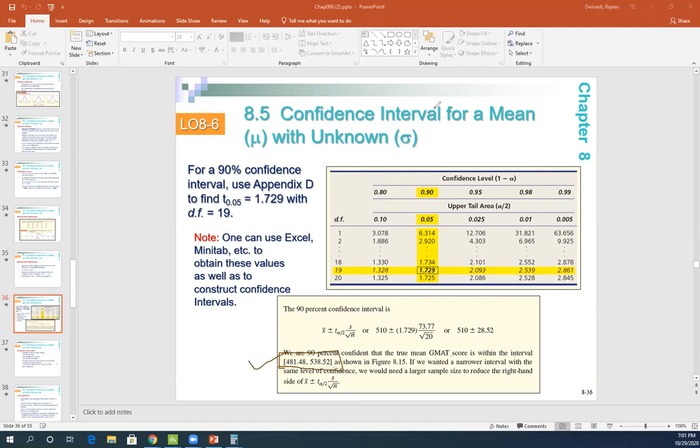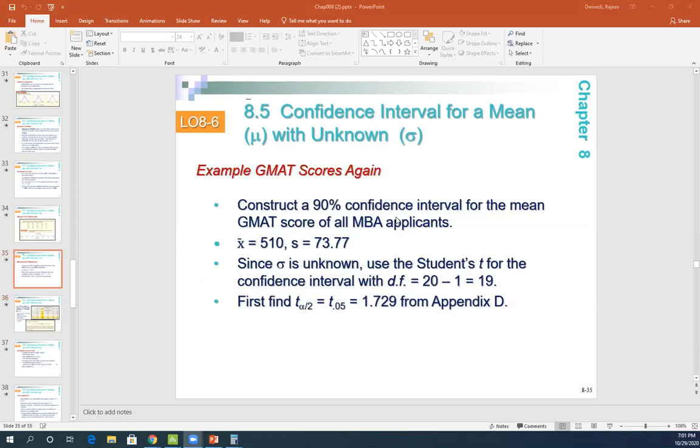Is it making sense? This part's not making sense to me. Could we try one more time? Oh yeah. Let's say you want to see the average GMAT score of the entire student population.